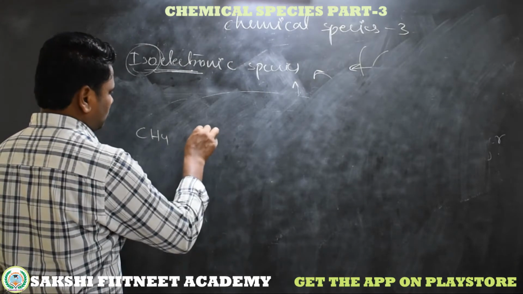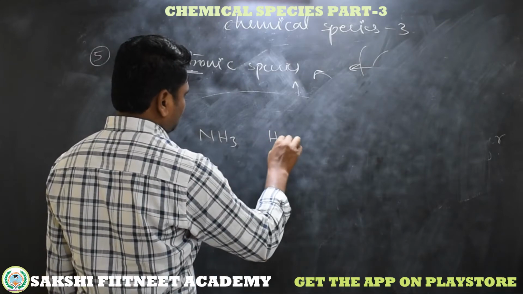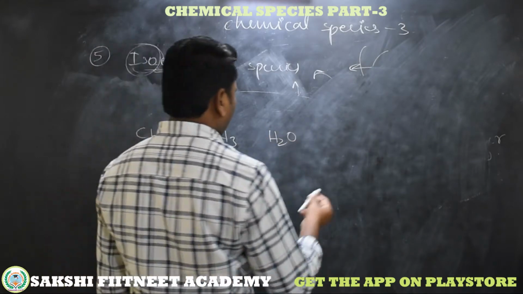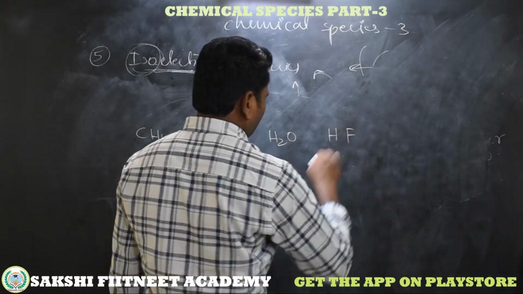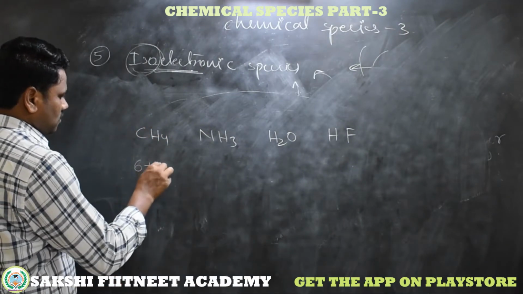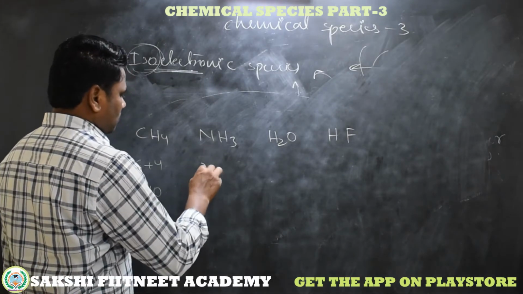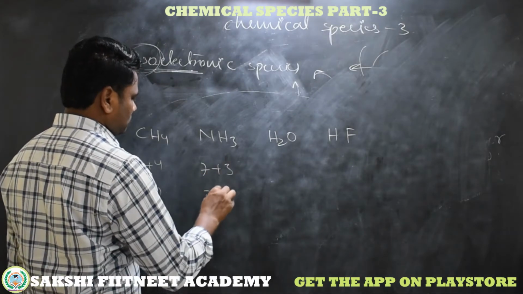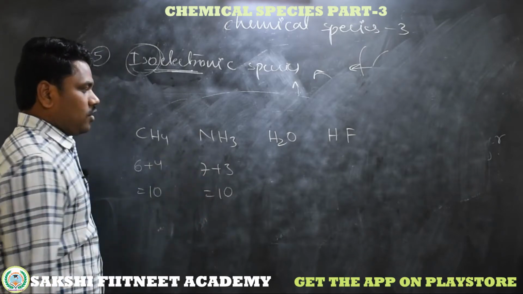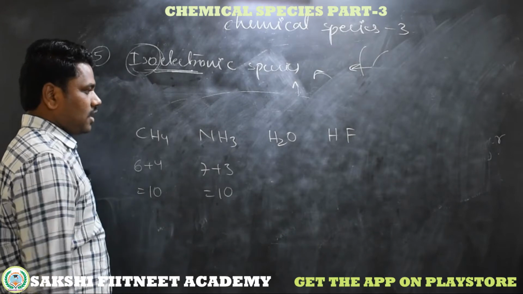CH4, NH3, H2O, and HF. CH4: 6 plus 4, total 10 electrons. Now NH3: 7 plus 3, 10 electrons. Around the nitrogen 7 electrons, around the hydrogens 3 electrons, total 10 electrons.